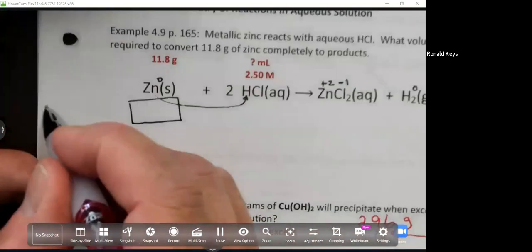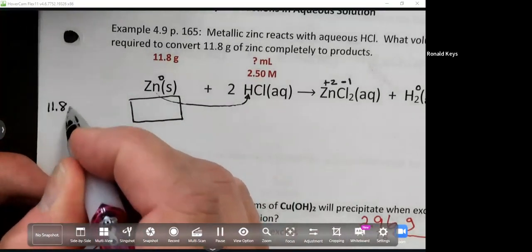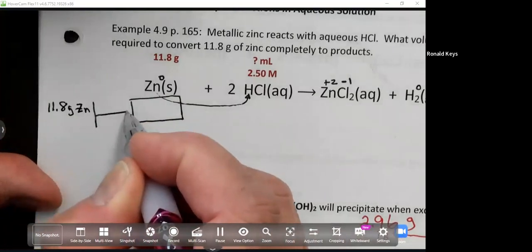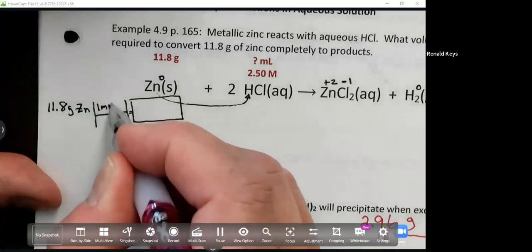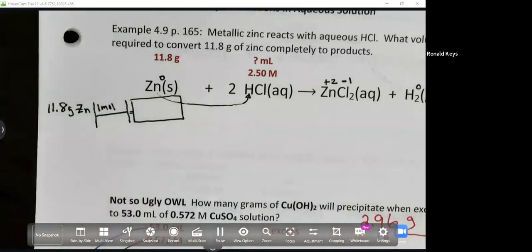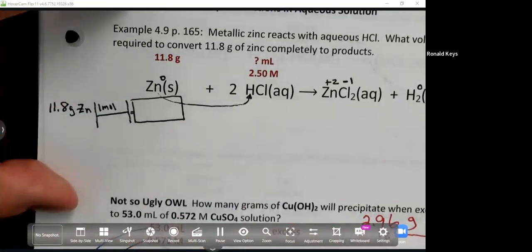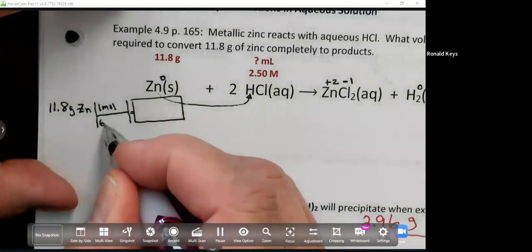We'll take our 11.8 grams of zinc. 65.41.